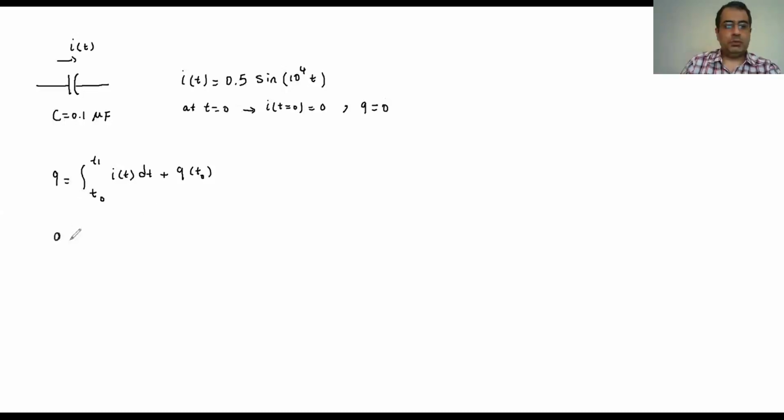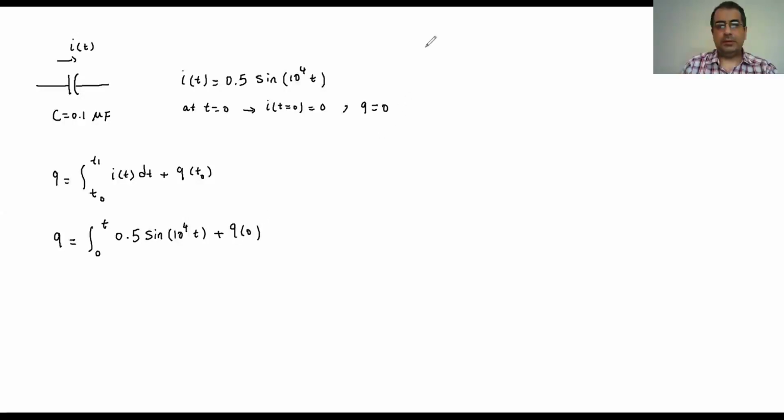So the Q is going to be the integral from 0 to t of I(t), which is 0.5 sine 10 to the power of 4 t, plus that Q0, which we assume is going to be 0.